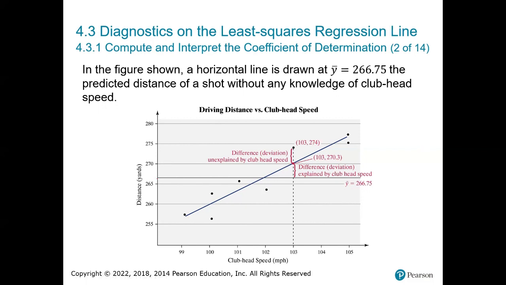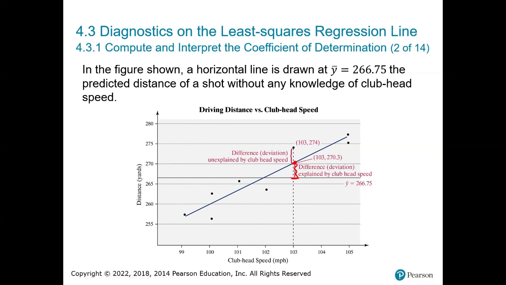What they've drawn in the middle here, this line is the average of the y values. So some things happen here. This distance from the average up to the line is what we've expected to happen.